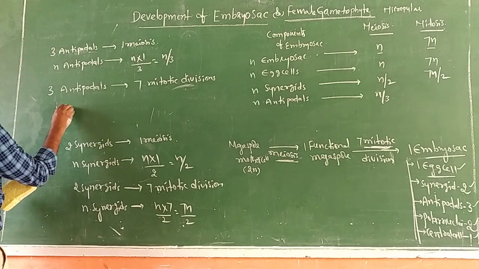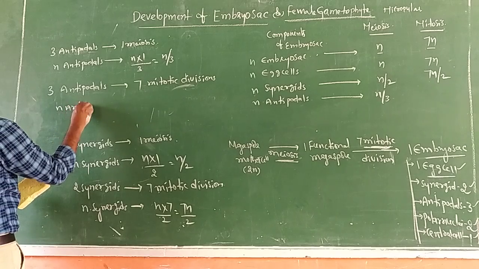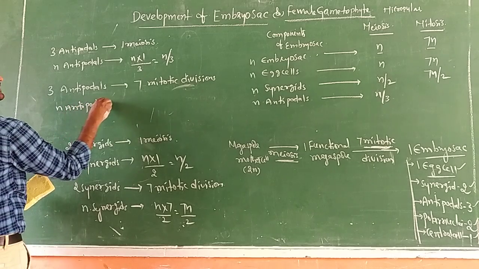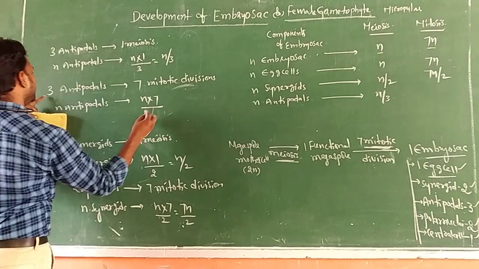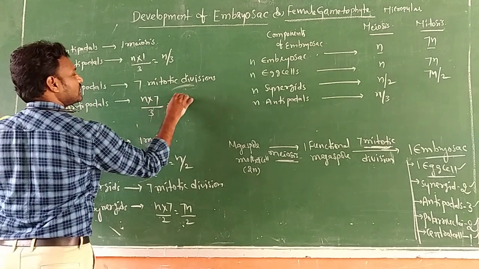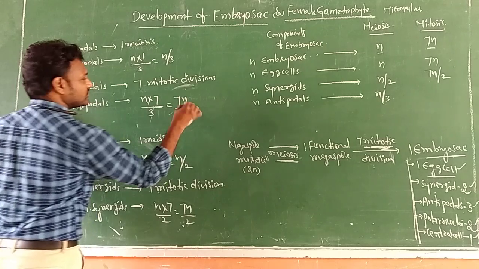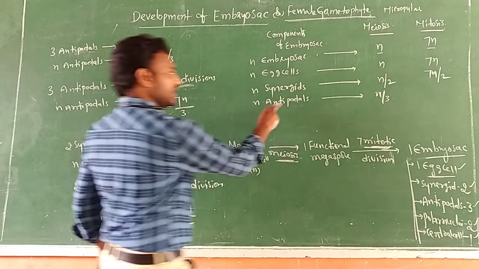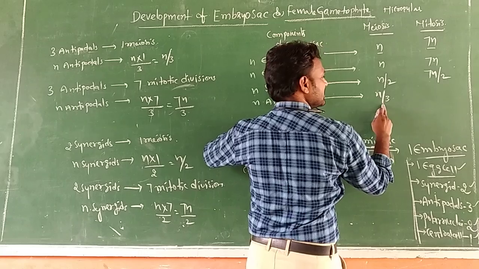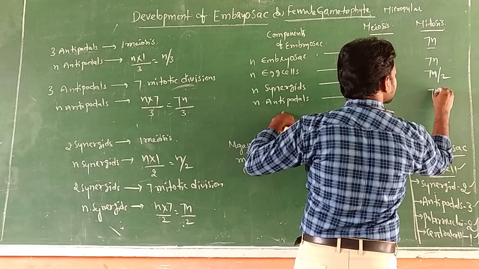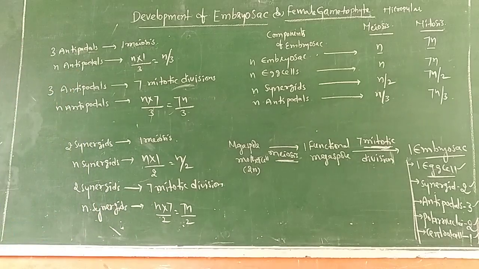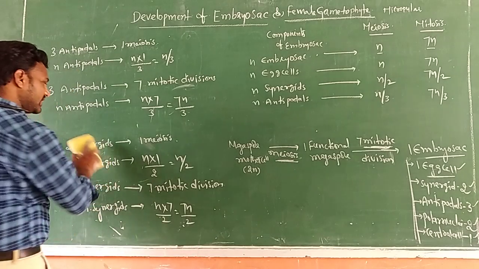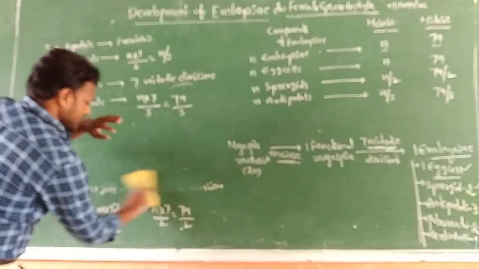N antipodals require n into 7 by 3, equal to 7n by 3. So n antipodals need n by 3 meiosis and 7n by 3 mitosis.